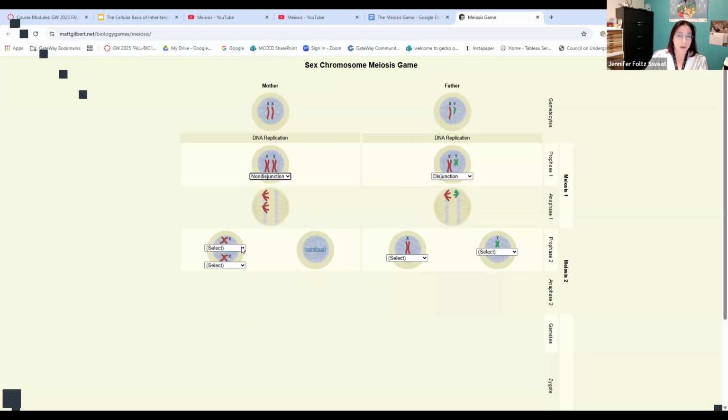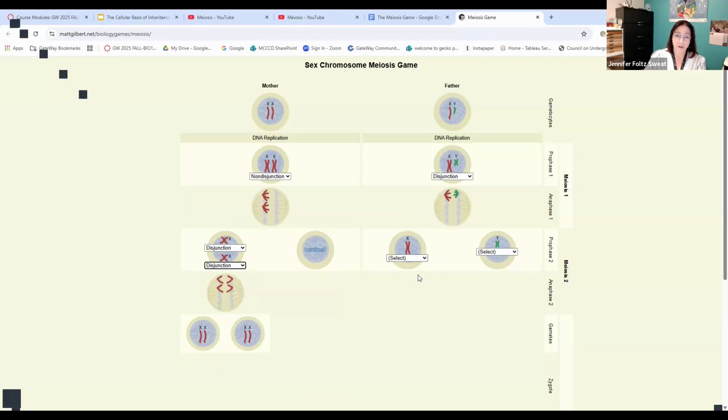So now let's say mom in prophase 2, she undergoes disjunction and disjunction. So now they're dividing correctly. She ends up with 2 eggs, each of which has 2 X chromosomes. They are not haploid, they're diploid, right? And you don't want that.